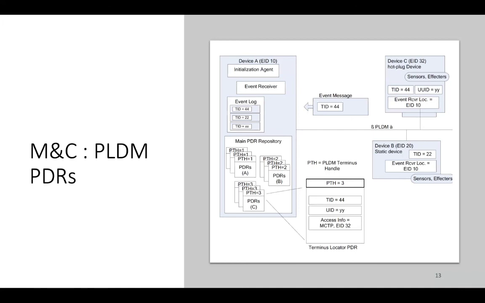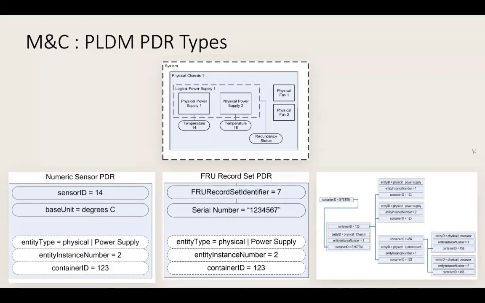All right, moving on to the next slide. Here there is just an example of PDRs. There are actually several PDR types defined in the PMCI spec. There are a few examples here related to the same diagram that we had in the previous slide.